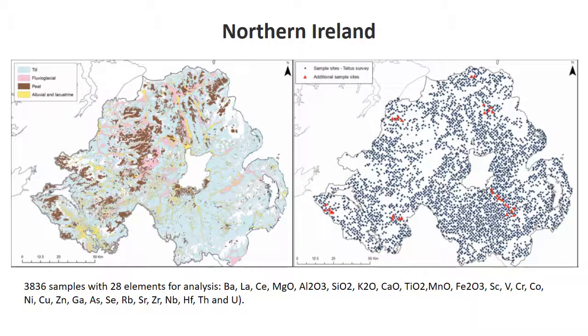Here's an illustrative example of how principal component analysis can be applied in geochemistry. The paper is one I mentioned in the beginning, so if you'd like to read more about the details, feel free to do so.